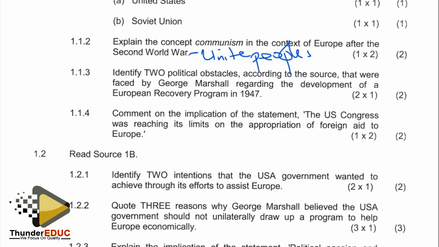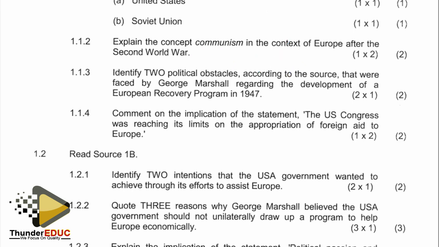So basically, if you are taking it from the context of Europe, it means that Russia was aiming to unite Europeans after the disastrous effects of the Second World War, or after the further tension that were there between different nations after the Second World War. That is basically the idea of communism. Right. We move on to the next question.